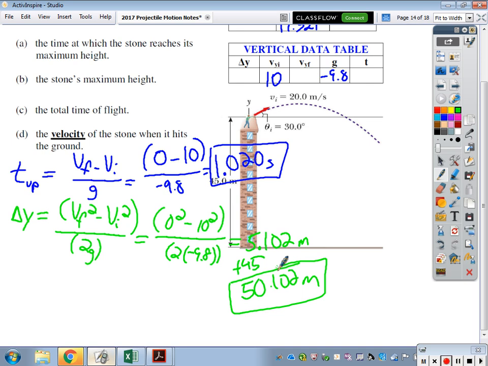Now, I also need to remind you, this is a problem where we start high and we finish low. We haven't really done a whole lot of this, but it is entirely possible for us to start low and finish high. Instead of projecting an object off the roof, we could be standing on the ground, throw an object up that ends up landing on the roof.